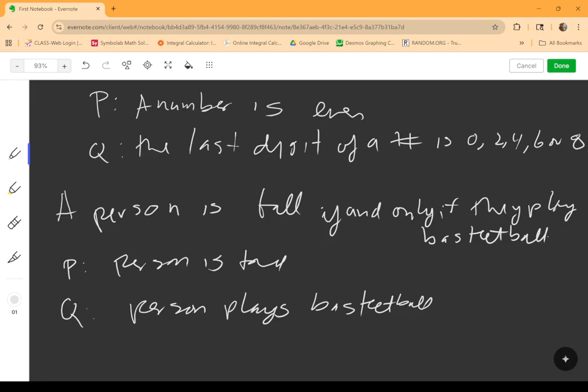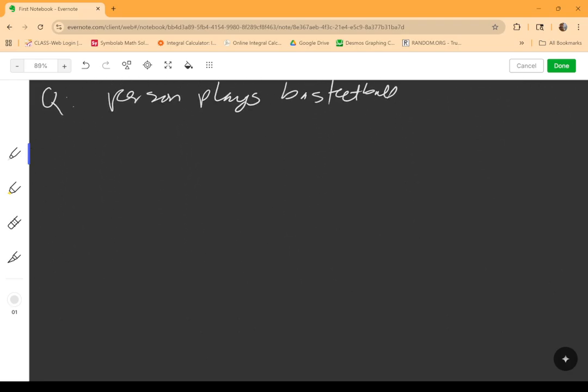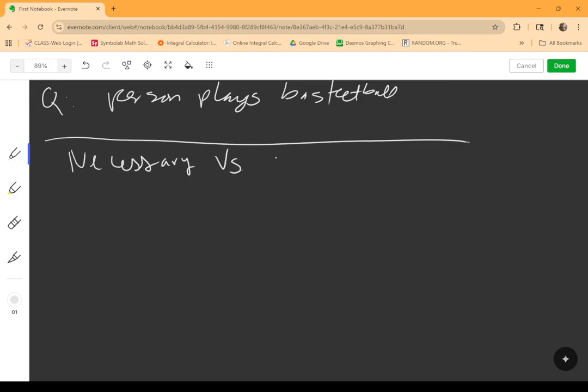So that brings us to the last topic to wrap this up, this idea about necessary versus sufficient. It all starts with our implication.